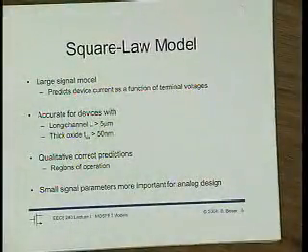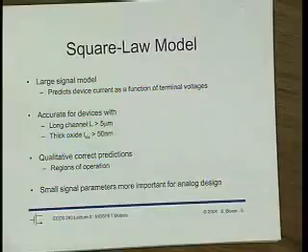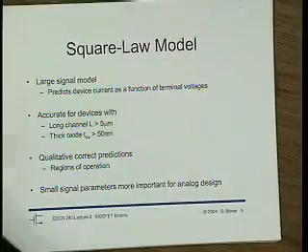I've said, of course, a lot of things about the square law model and its limitations in particular. That doesn't say that we should throw it out the door. It's still pretty much our best friend if we want to get a little bit of intuition about what's going on.